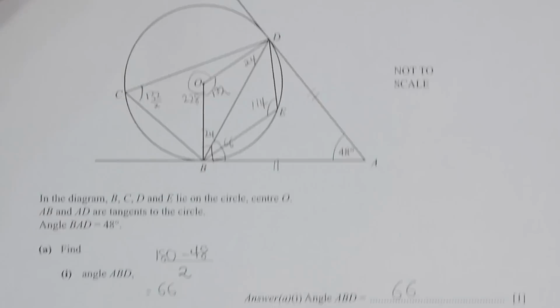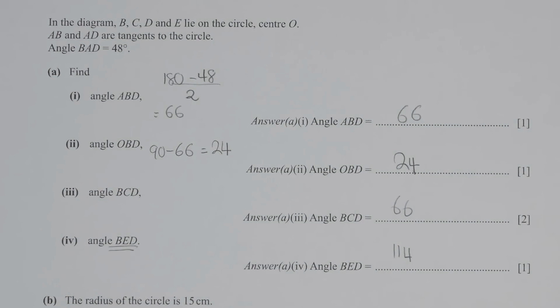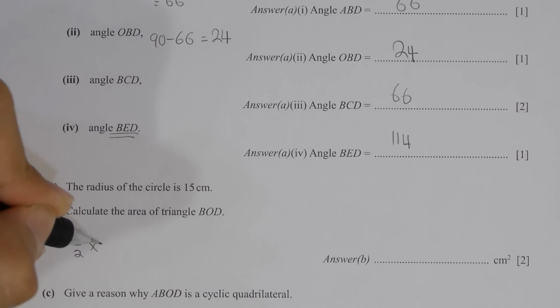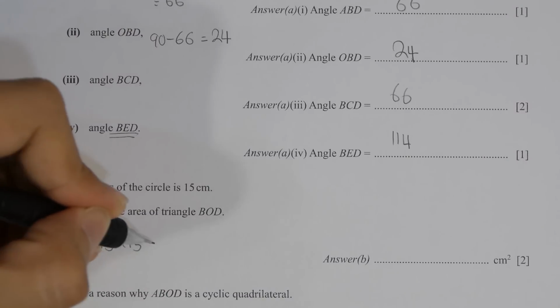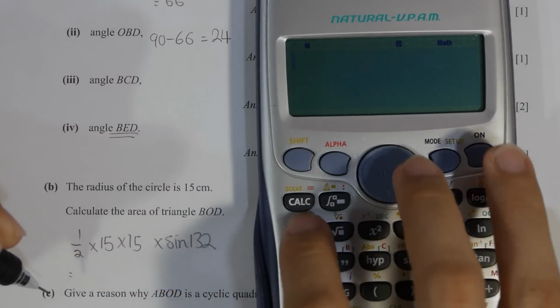Lastly, angle BED is on the outer part of the major sector. To identify the major sector, simply take 360 minus 132, then you get 228, and angle BED will be half of 228, which is 114.